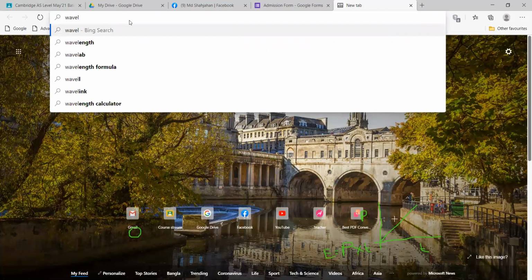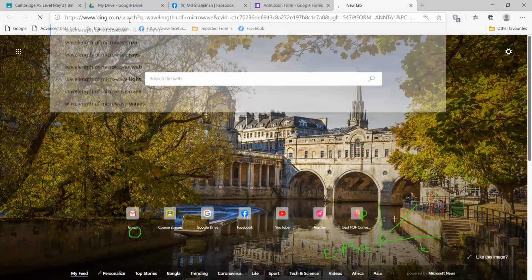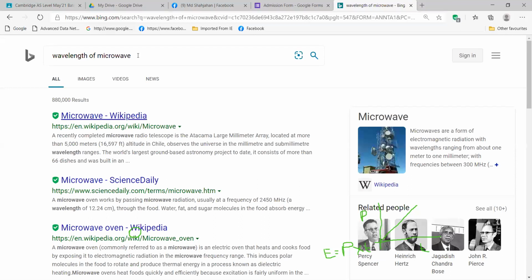Wavelength of microwave. Okay, so look here, wavelength is 12.24 centimeter.